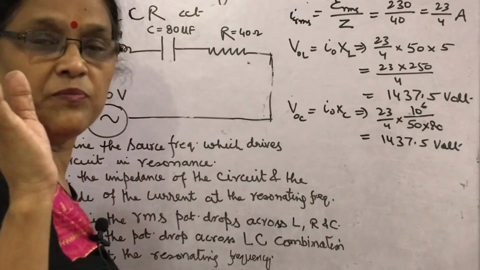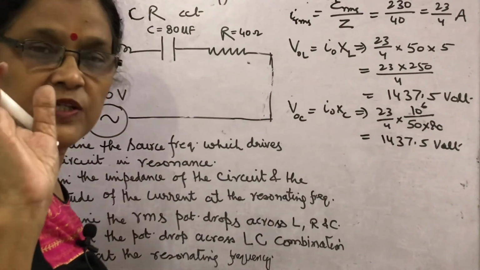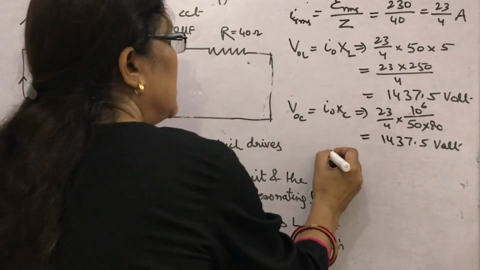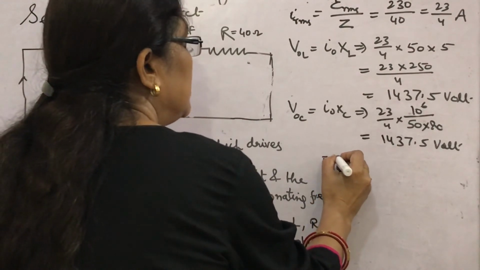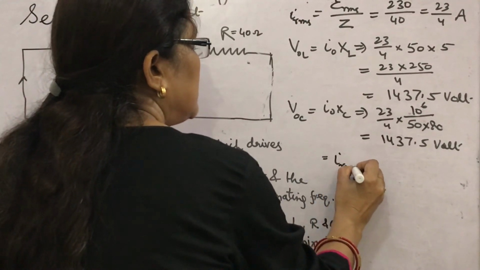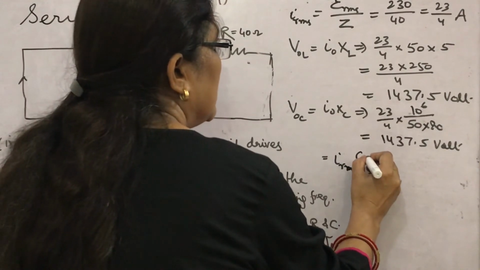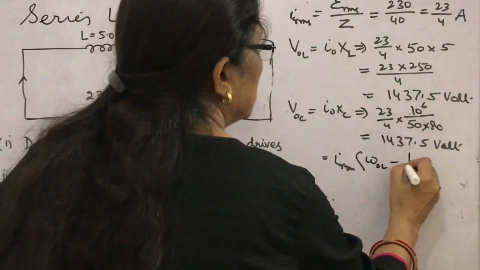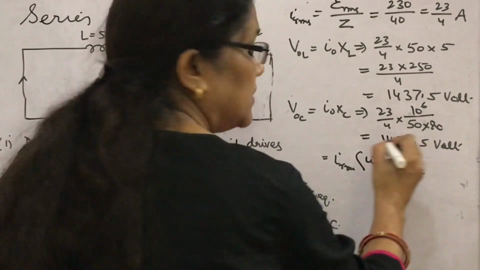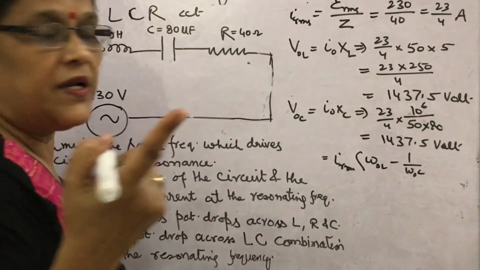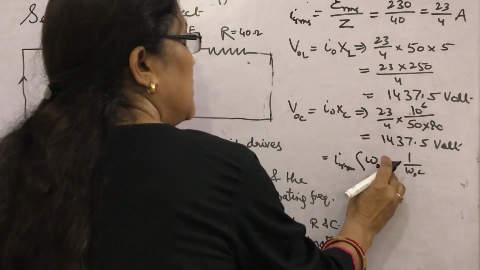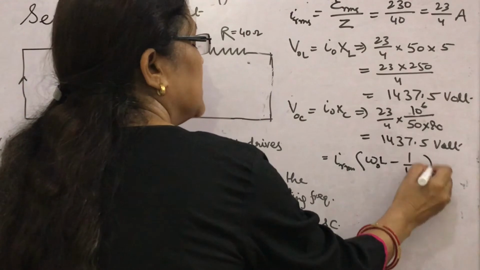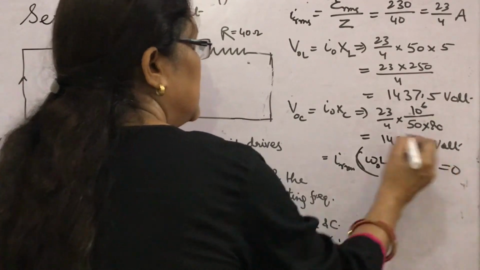We know the equation for the potential drop across the LC combination. How can you write it? By writing I RMS into (omega naught L minus 1 upon omega naught C), and this value is 0.